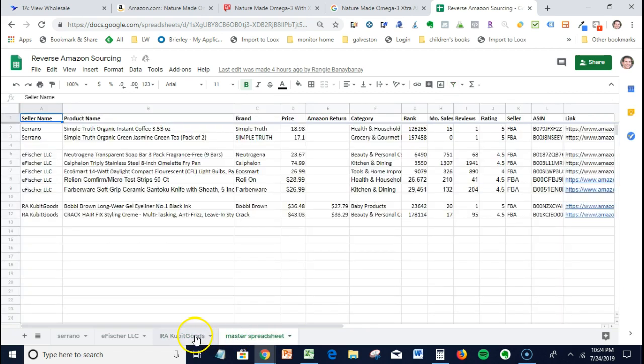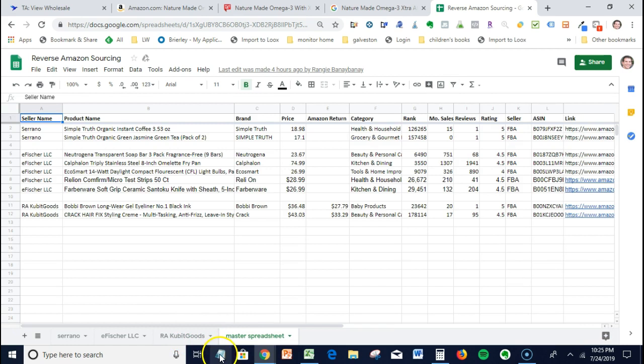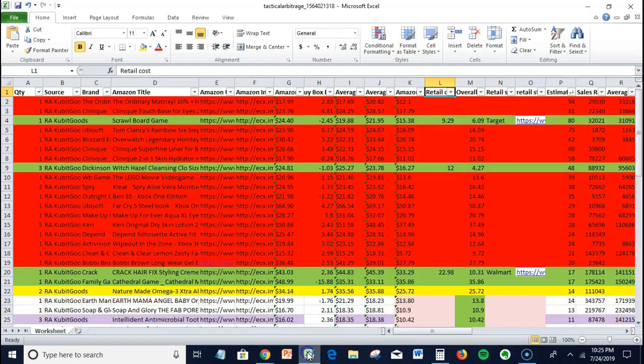Once you get some winners, go ahead and move them over to this master spreadsheet. The ones highlighted in green, so I can have one central place where we have all our winners. So I would take these guys right here and move them over to the winning list. Okay. That's pretty much it.